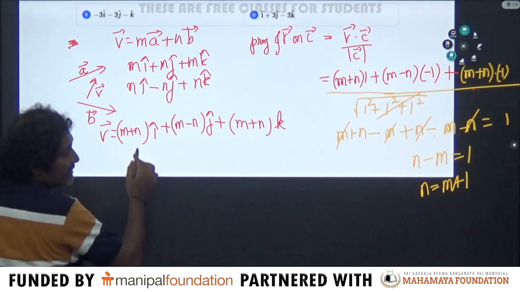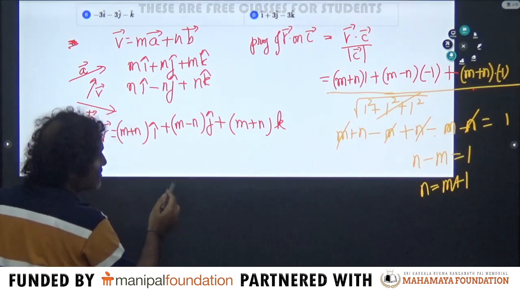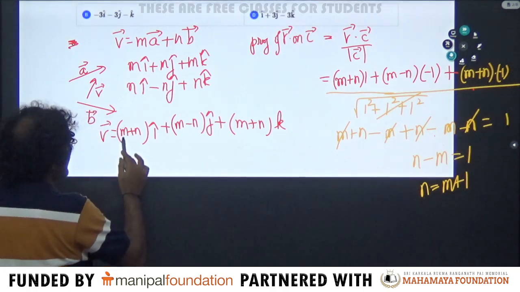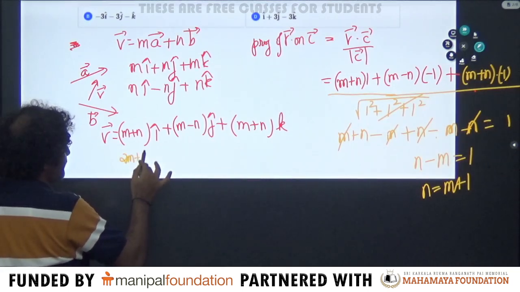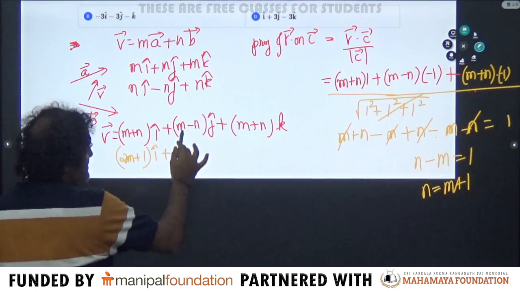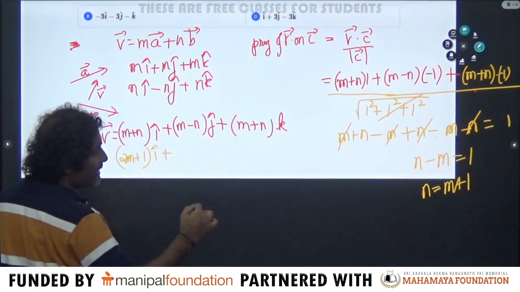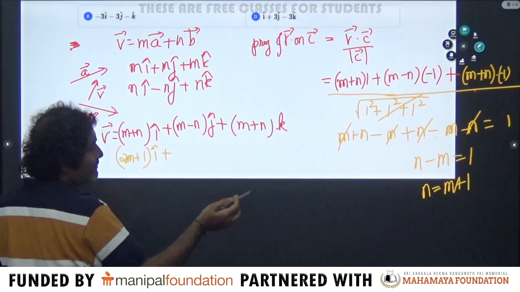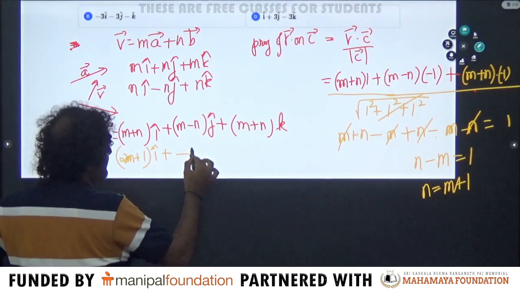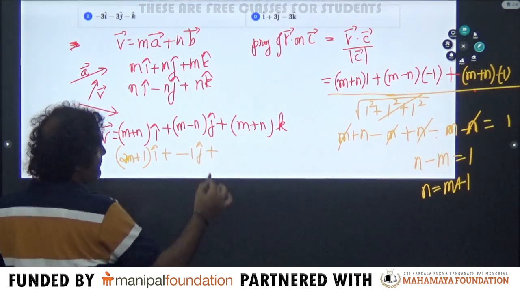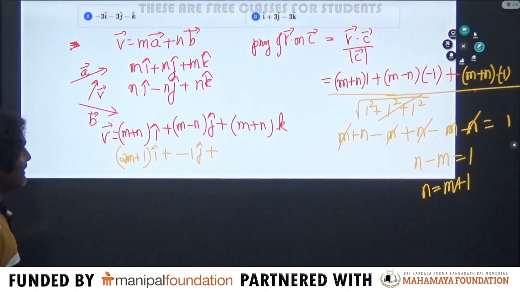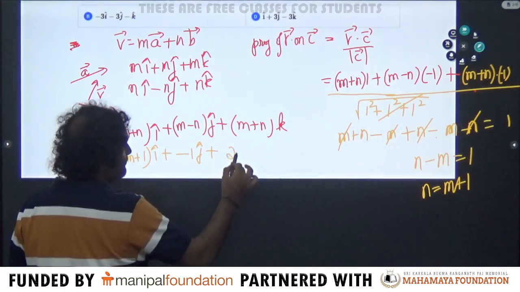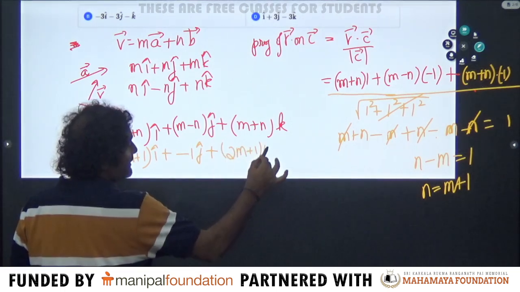So isn't it 2m plus 1 I cap, plus m minus m minus 1, it will be minus 1 into j cap, and there m plus n into k, which will be 2m plus 1 k cap.